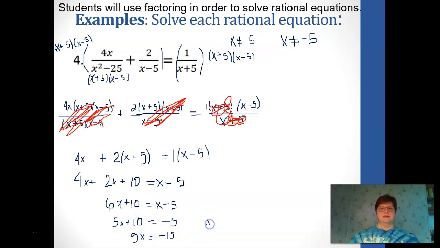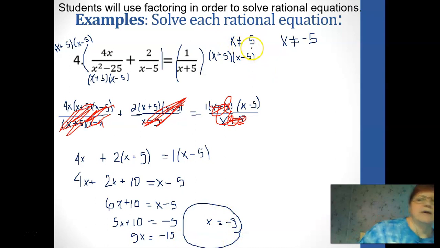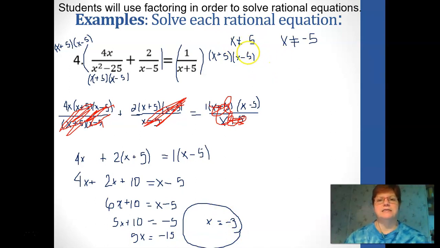And so that would mean that x would be negative 15 divided by 5, which would be negative 3. Negative 3 is not one of our numbers up here, showing as an excluded value, so we should be good if we checked it.